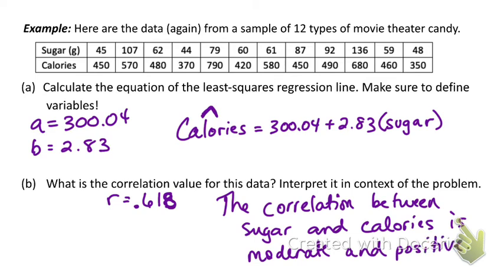The correlation between sugar and calories is moderate and positive. If you have a correlation that's negative, then the slope is negative too. Why? Because if the data is trending downward, then when I put the line of best fit on there, it should also trend downward. So that's why they go together.